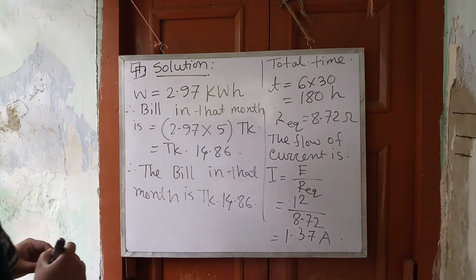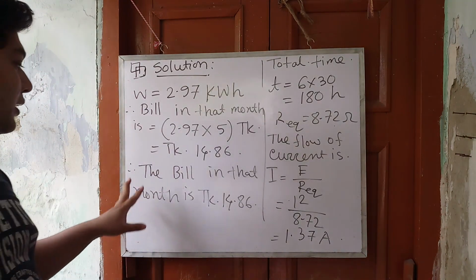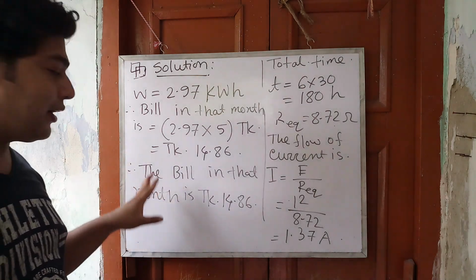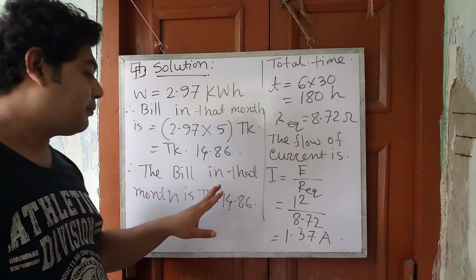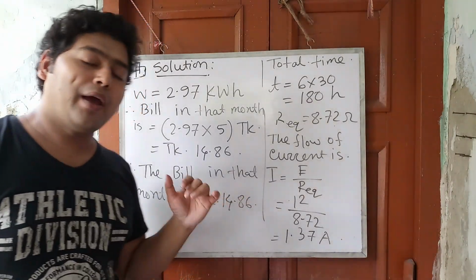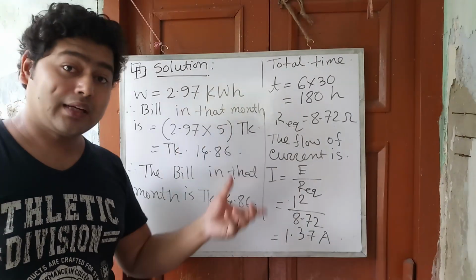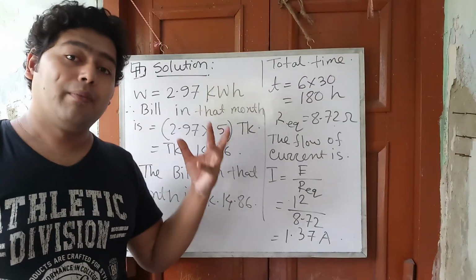Okay, for this circuit, our given bill is 14.86. So this is the method for calculating this type of circuit or this type of mathematics.